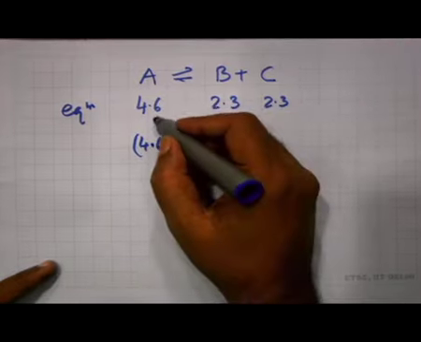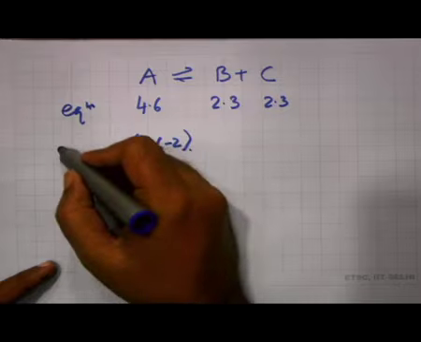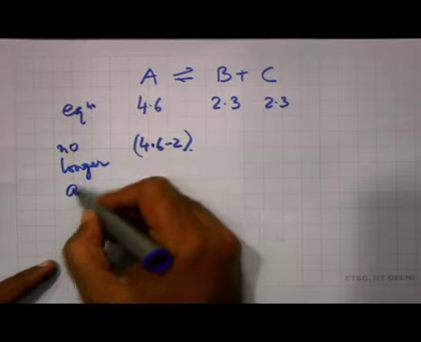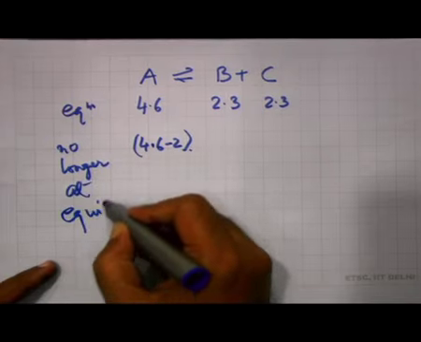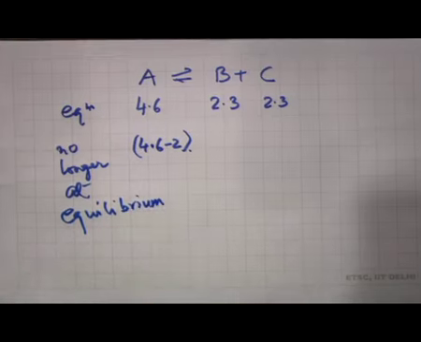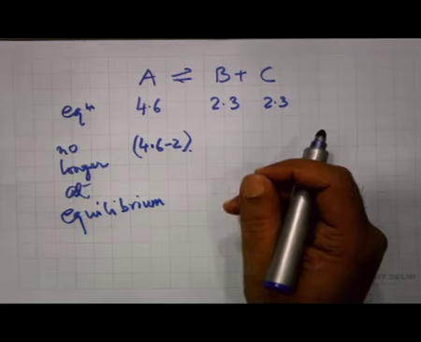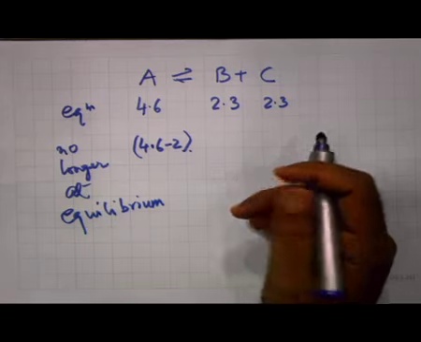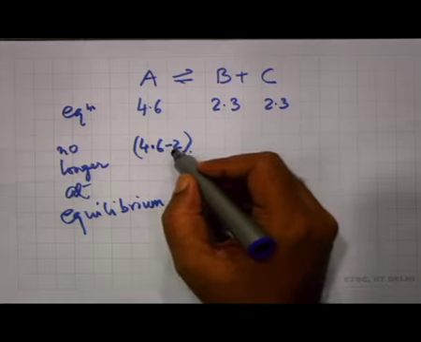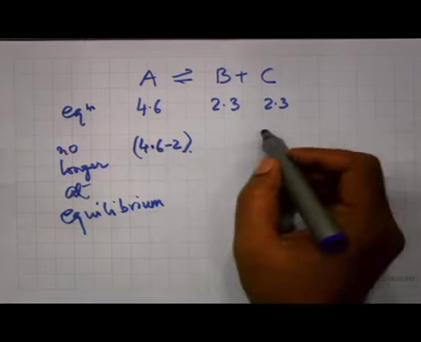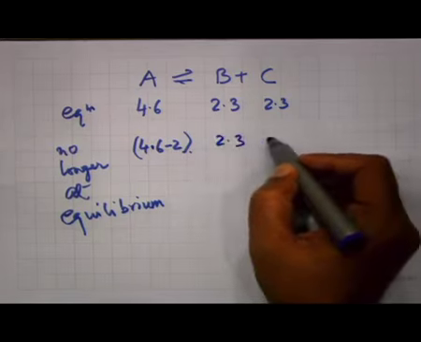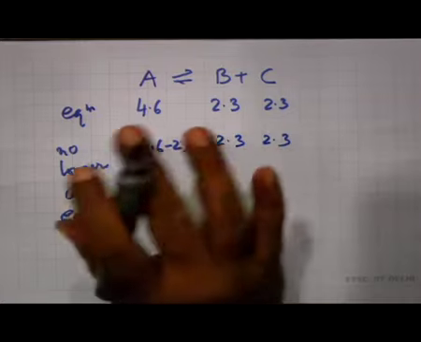What happens in that case is the reaction is no longer at equilibrium. Now, the question is which side it will shift. So, 4.6 minus 2, and then you have 2.3, 2.3, but the equilibrium is now disturbed.